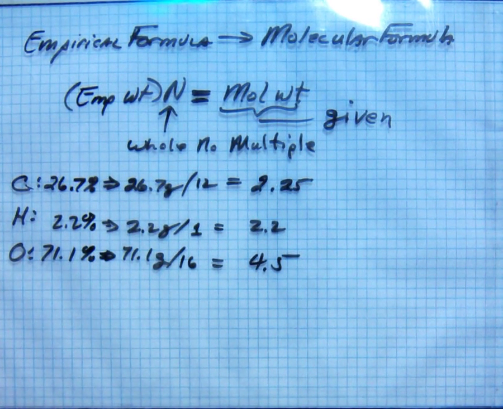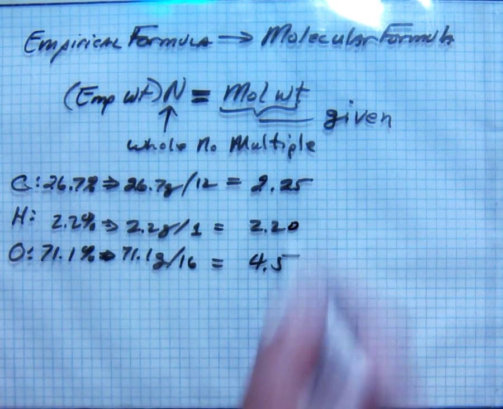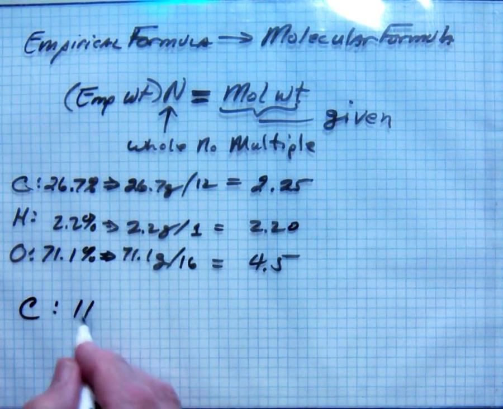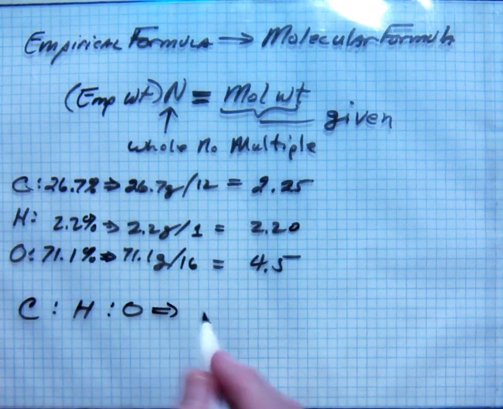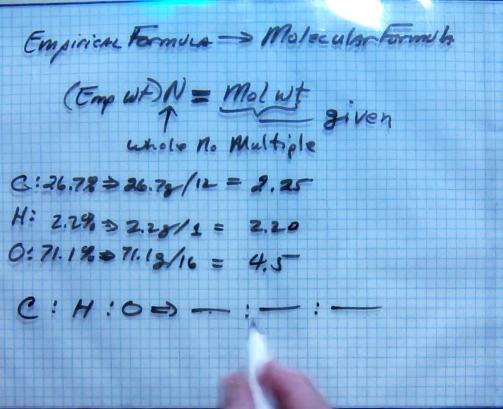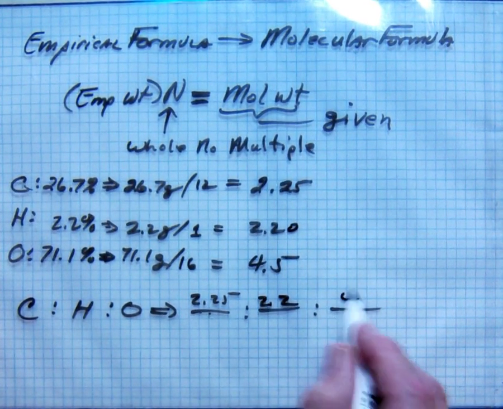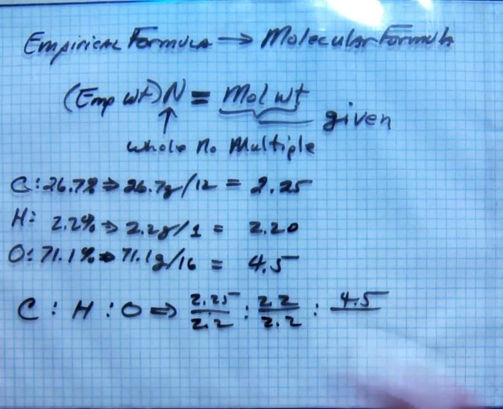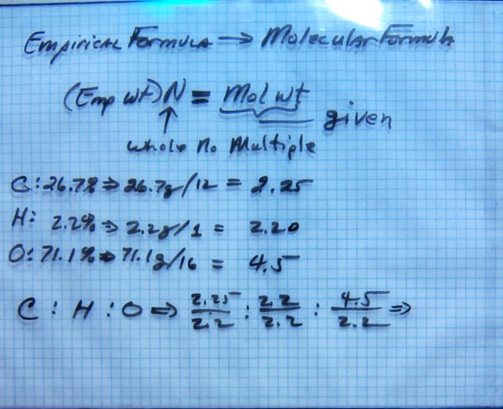So, okay, our ratio would be carbon to hydrogen to oxygen, and we got 2.25, 2.2, 4.5. Divided by 2.2, 2.2, and 2.2, that's our empirical ratio.